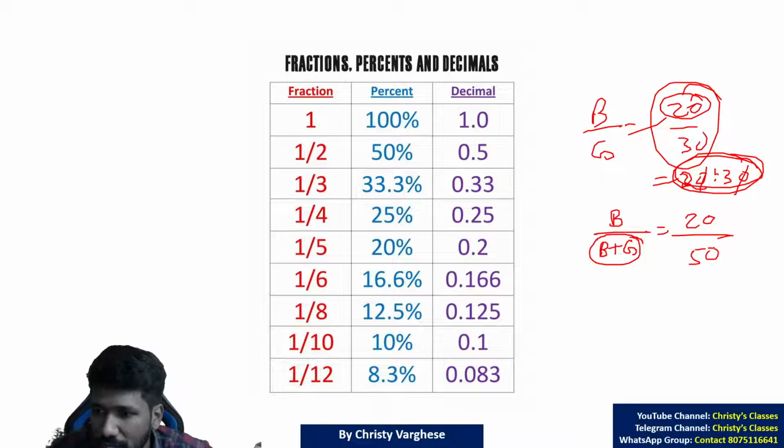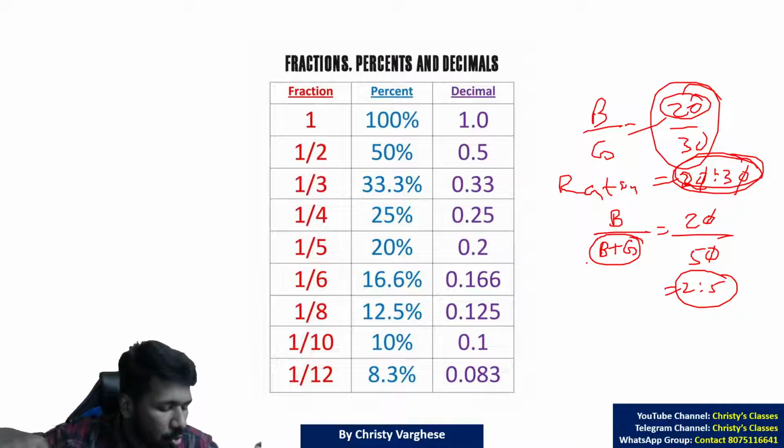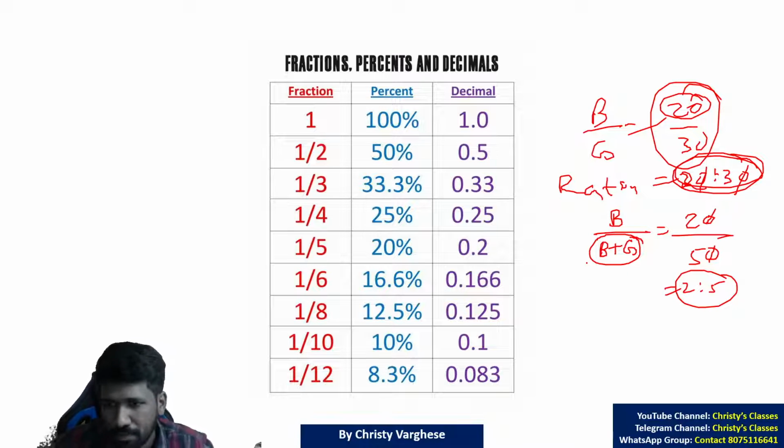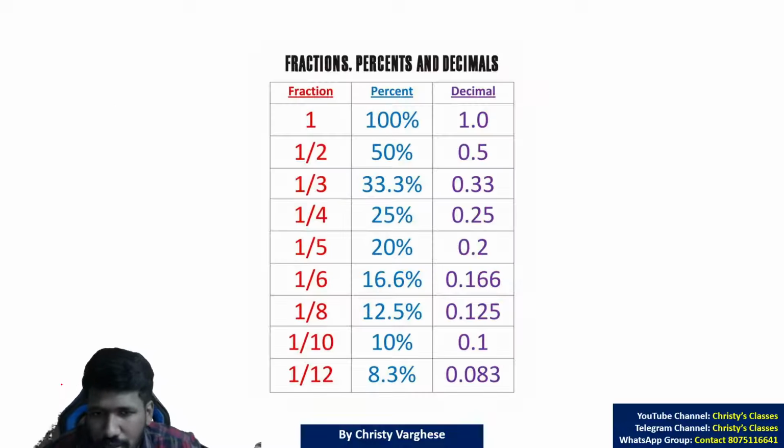So 20 by 50, 2 by 5 will be the proportion, or 2 is to 5 will be the proportion. So this is ratio, this is proportion. Proportion is also nothing but ratio itself, but we are taking the ratio out of the total there, that's all. So ratio, proportion, the terms are clear, I guess. It is nothing but fraction itself. For convenience, we use a different term for that.